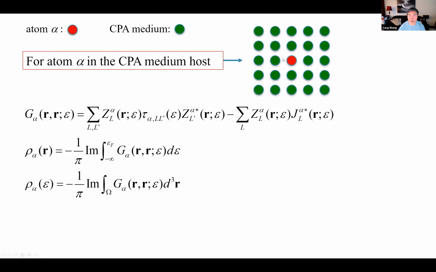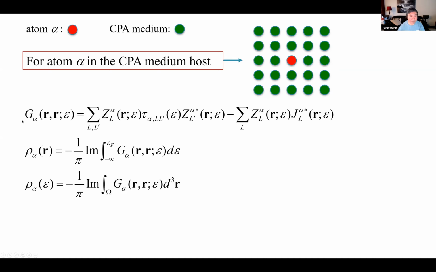Once we have this tau matrix for this particular impurity, a particular given atom surrounded by the effective medium, we know the potential because this is a specific atom. We know exactly how to calculate this single site solution, Z and J. We calculate the Green function for it. This Green function represents that this particular atom is surrounded by the effective medium, the CPA medium. The CPA medium again represents the averaged effect of the random alloy.